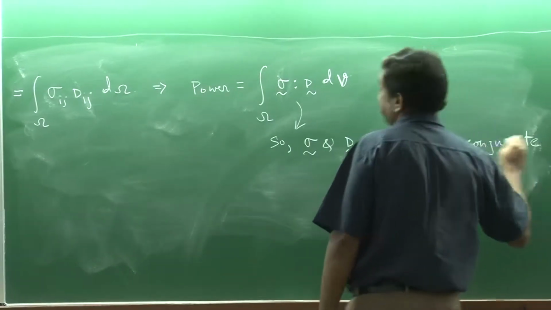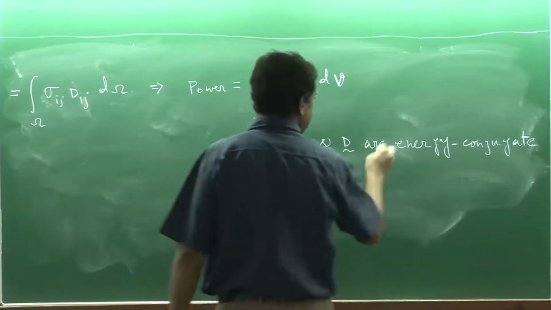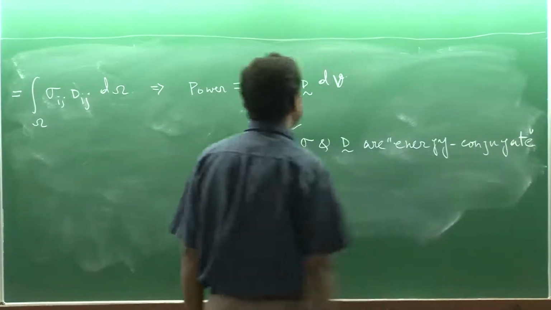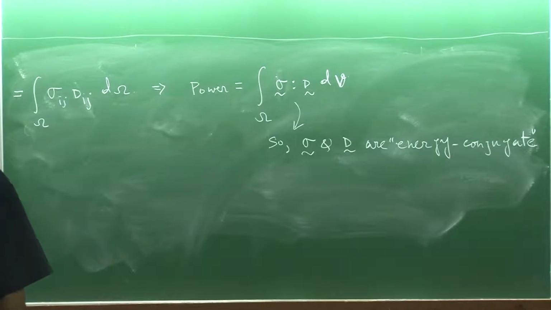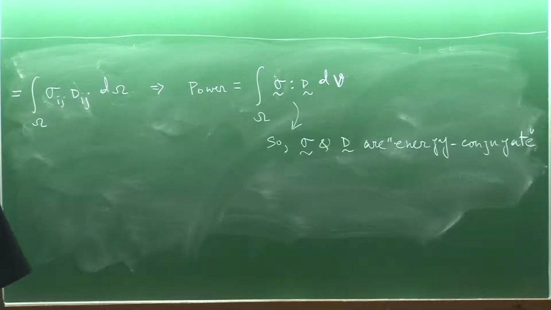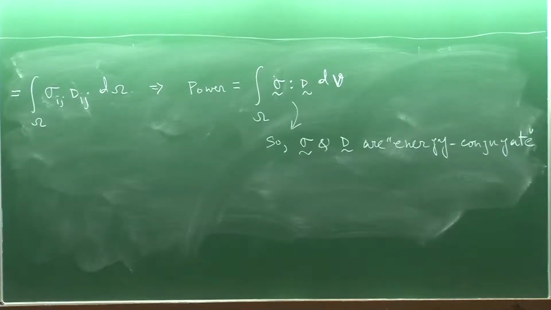What does it mean? This is a very great thing. Energy conjugate means that if you take some stress measure, there must exist some strain measure, the product of which will give you the power, the work done, and these two can be related in constitutive material modeling. We cannot arbitrarily relate the two things.